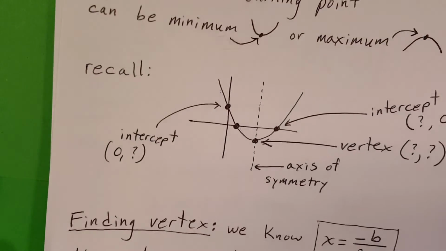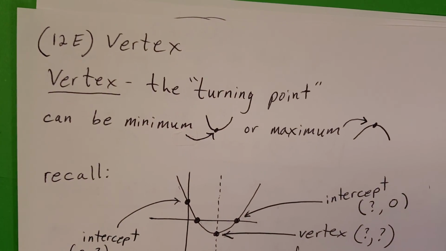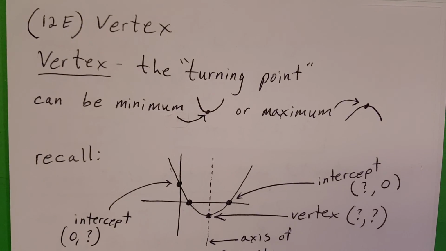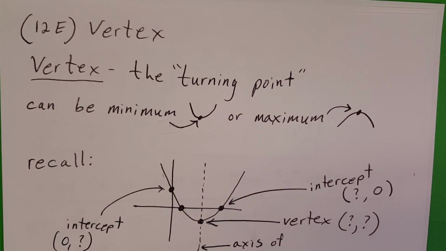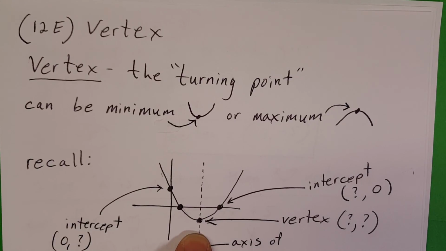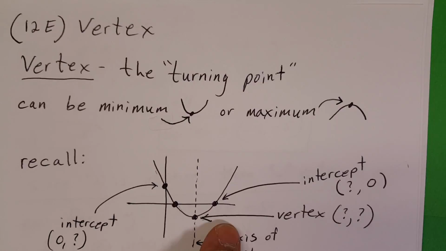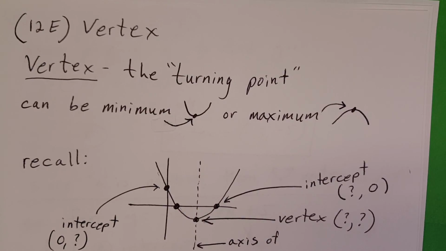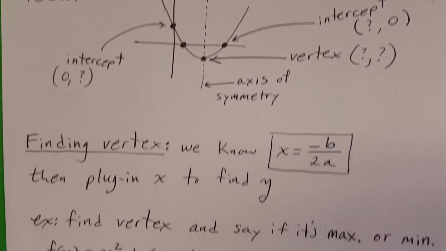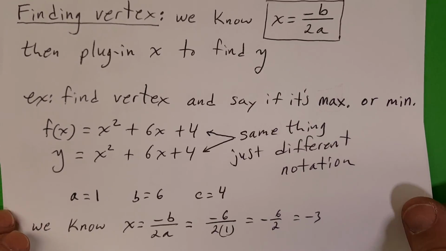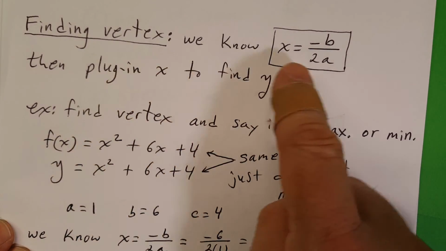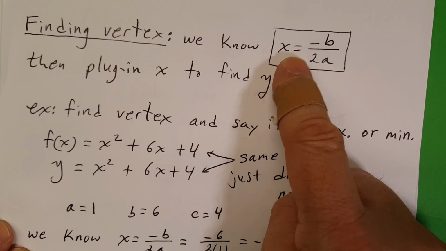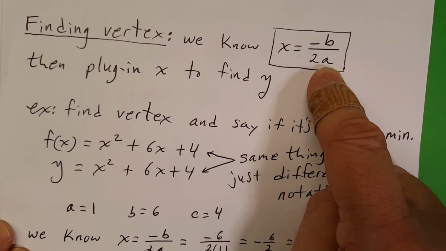here's what we talked about. Let me just flash the notes really quick. The vertex, it's the turning point. That would be the vertex here. But we also talked about these other points, and we know how to get them. In order to find the vertex, we use x equals negative b over 2a for x.